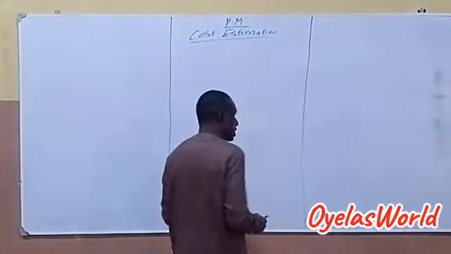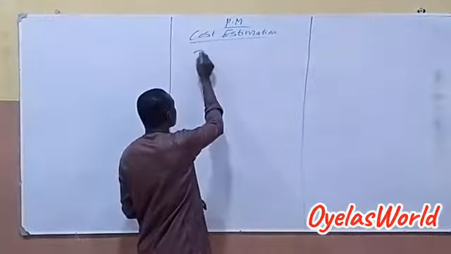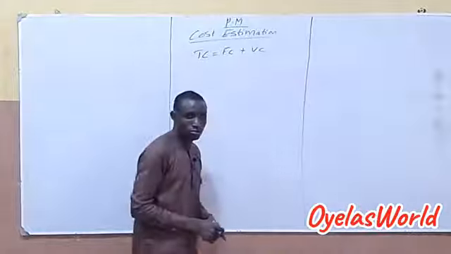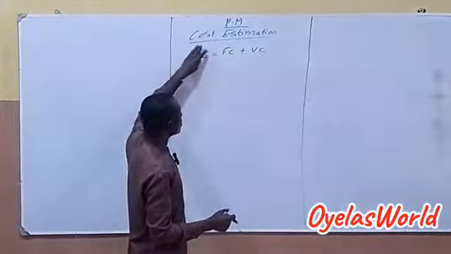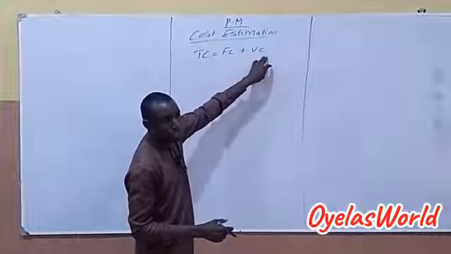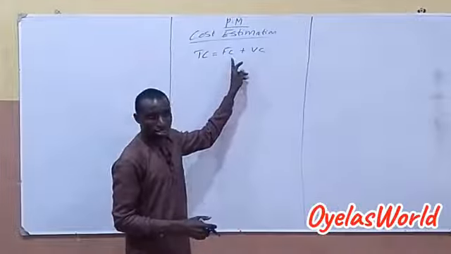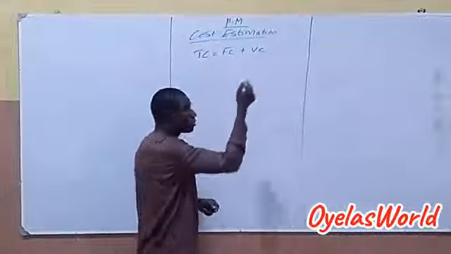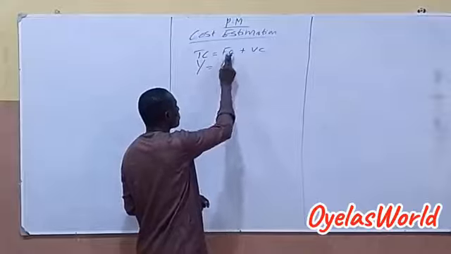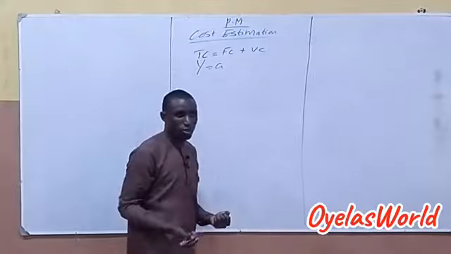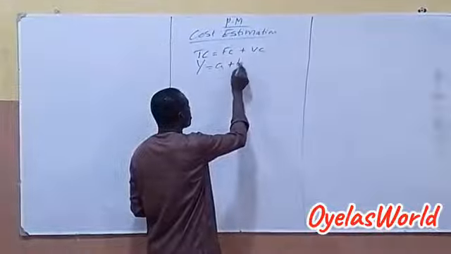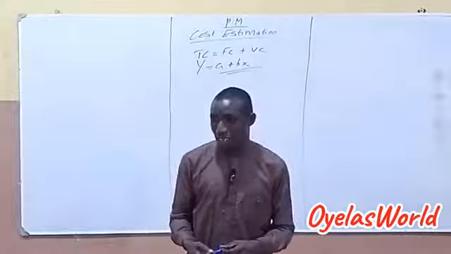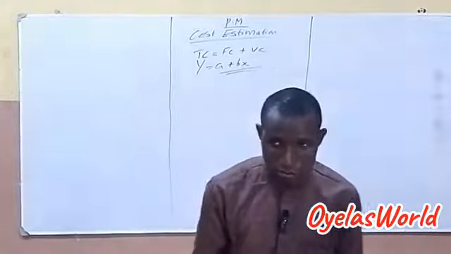Since the total cost is equal to fixed cost plus variable cost, and this total cost is a function of how many units are produced, we now say that your total cost, which is the dependent variable, is y. Then fixed cost is a, which is constant. Then the variable cost is bx. This is what we formulated last week after our explanation.